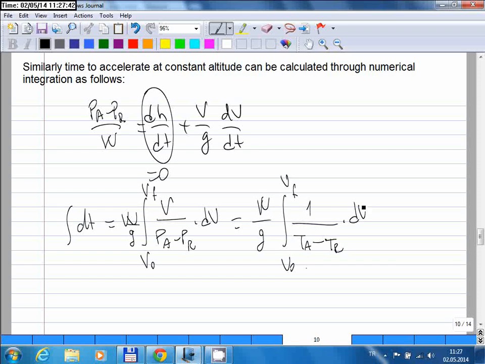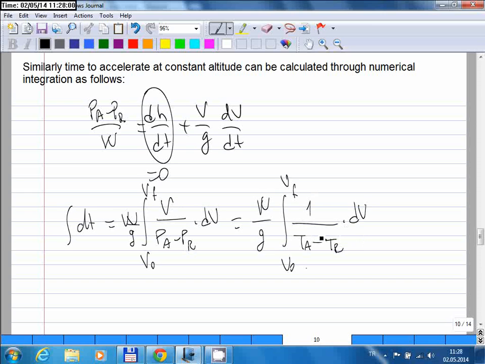Because thrust available minus thrust required times velocity gives power available minus power required, that velocity cancels this one here. And by taking that integral, you can find time to accelerate from a certain speed to another speed.